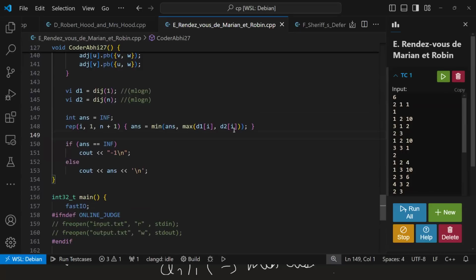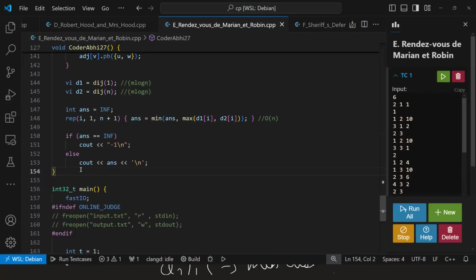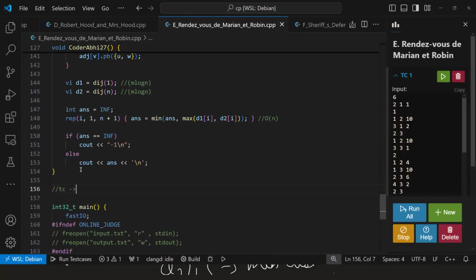And then this loop is running n times, so this is O of n. So finally it's m log n and n. So my final time complexity is basically O of n plus m log n, which is well accepted for m and n up to 10 to the power 5.